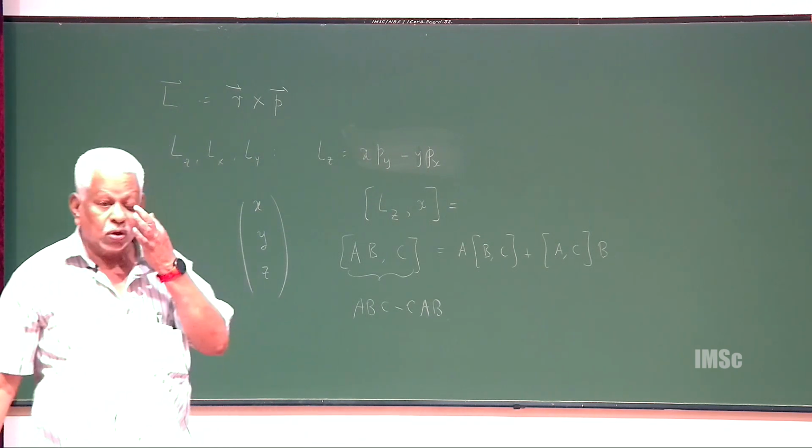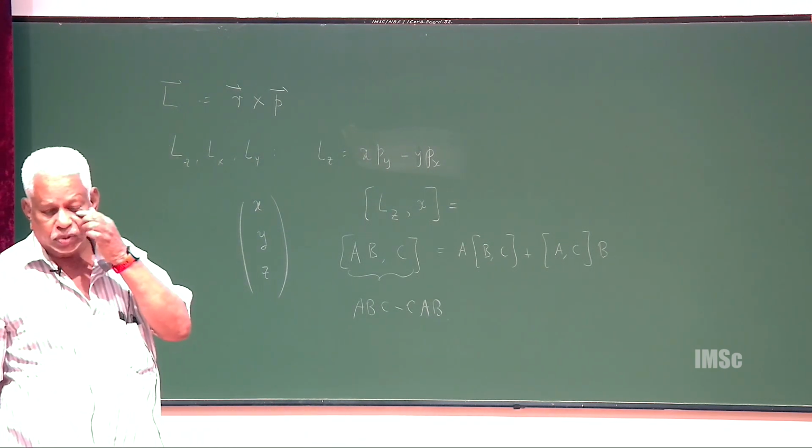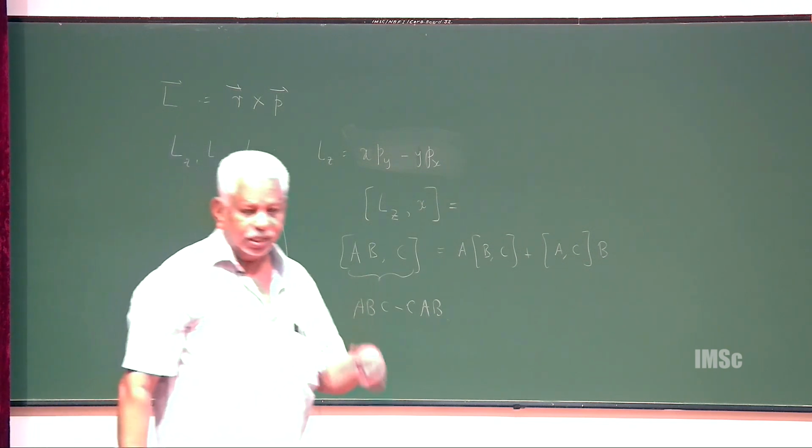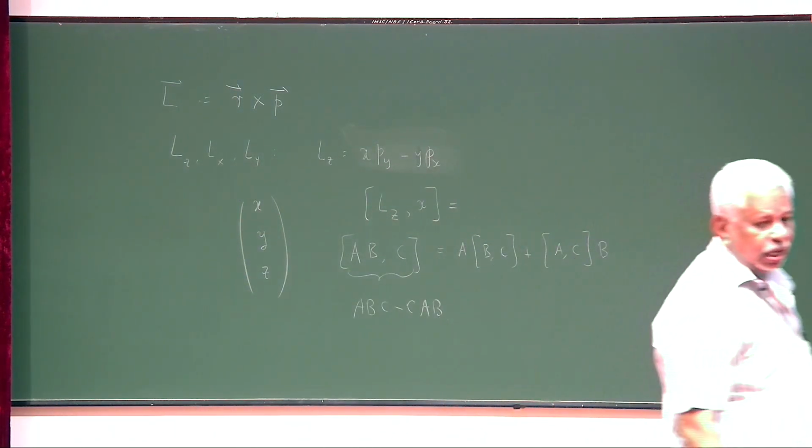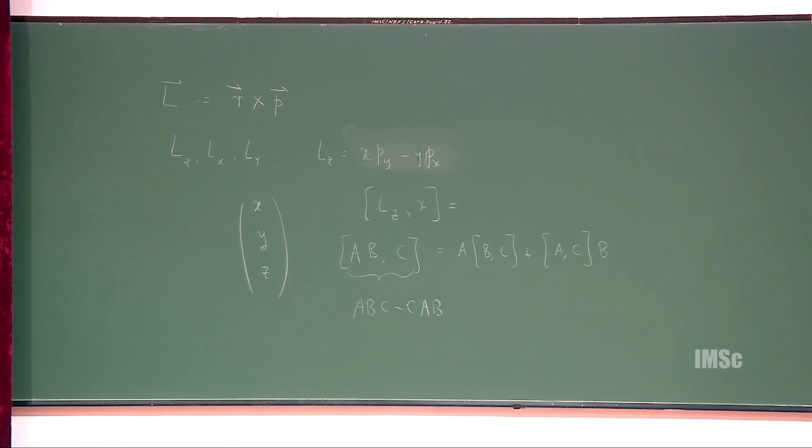This is what is called rotations, because Lz is a kind of operator which leaves the z part invariant, does not touch it, but in the xy plane it rotates. So, this is the x axis, this is the y axis, and this is the z axis perpendicular. This whole plane is rotated, whereas the z part is untouched.